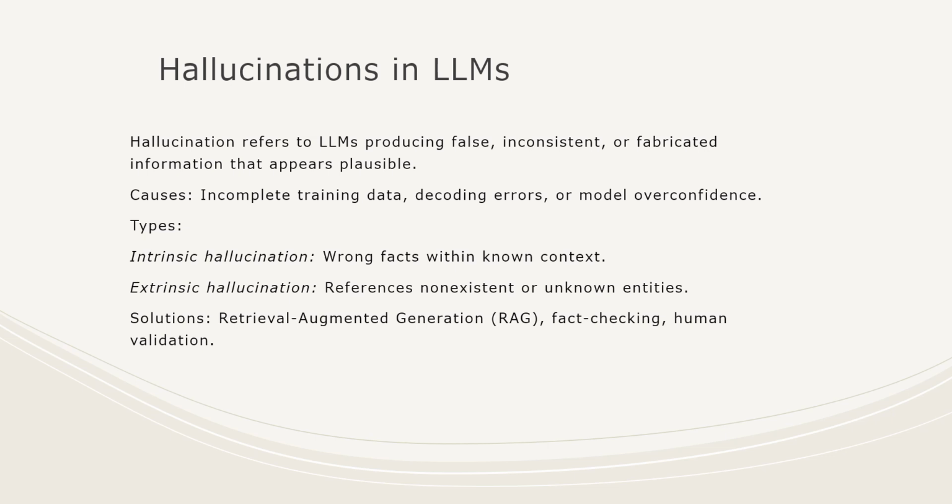There are two types of hallucinations. One is intrinsic hallucinations: wrong facts within the given context. The other is extrinsic hallucinations: references to non-existing or unknown entities. What are the solutions to hallucinations? Retrieval-augmented generation (RAG), fact checking, and human validation.